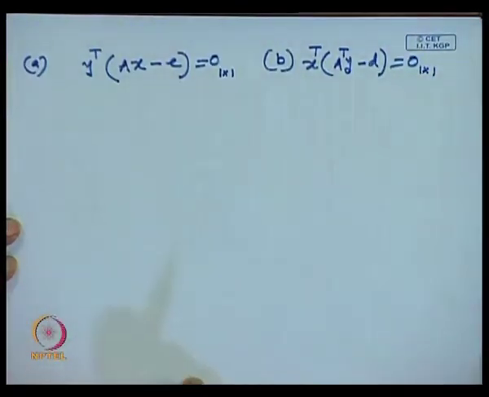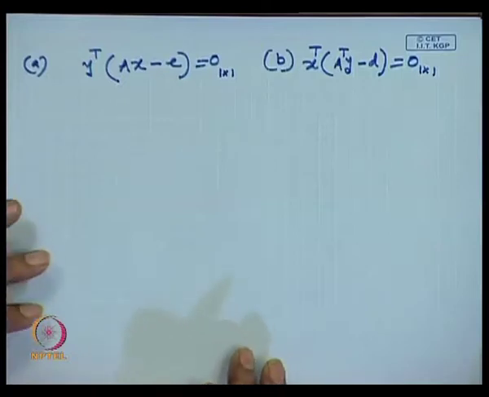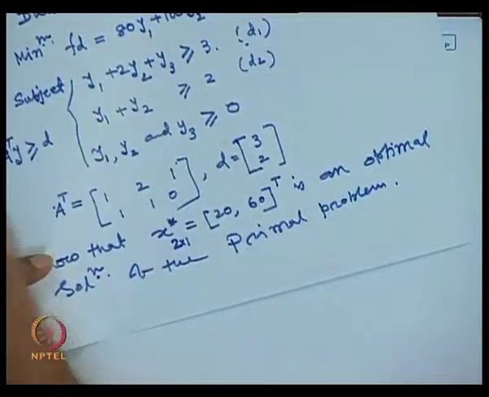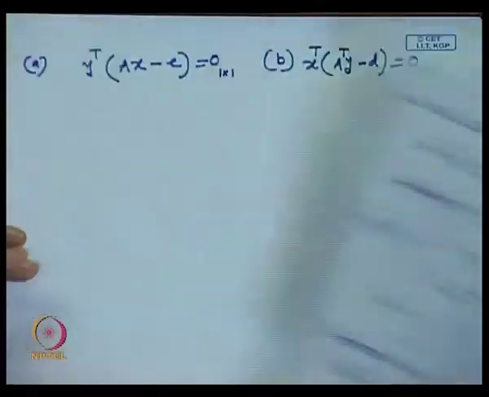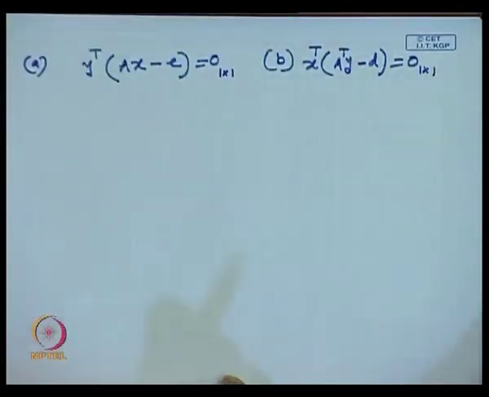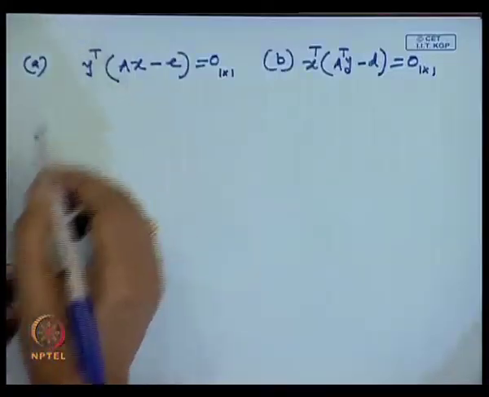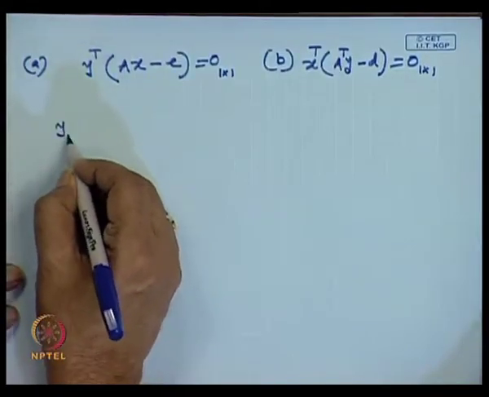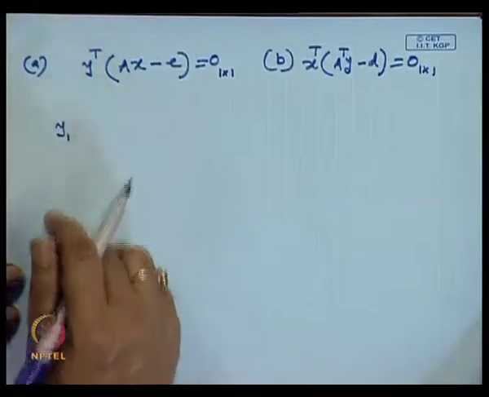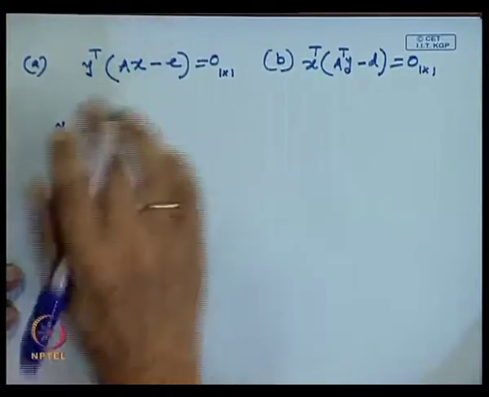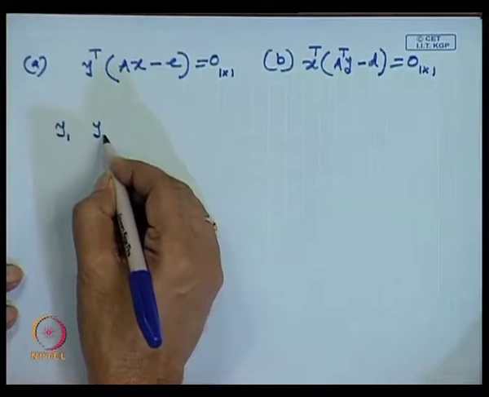Now, let us see that once you know this, how can you find out y star? That means, if you know the primal solution, how will you get the dual problem solution y 1, y 2, y 3? Let us see. So, we can write that y has 3 components, y 1, y 2, y 3, a column vector, and its transpose becomes a row vector.